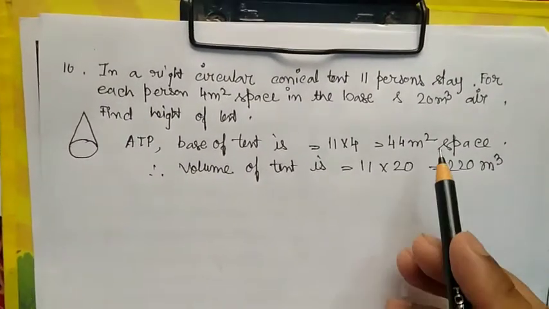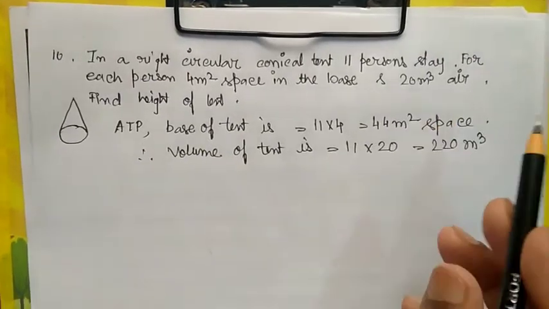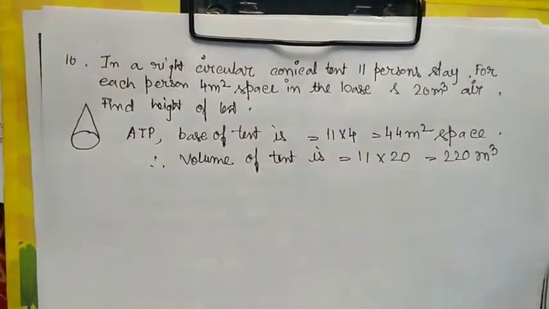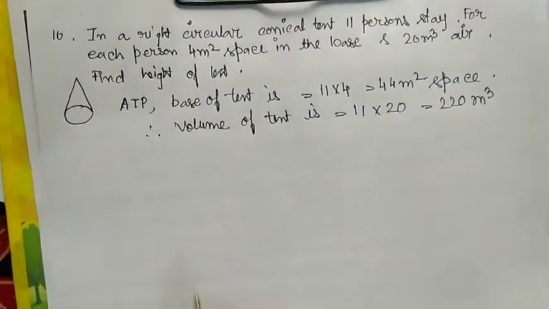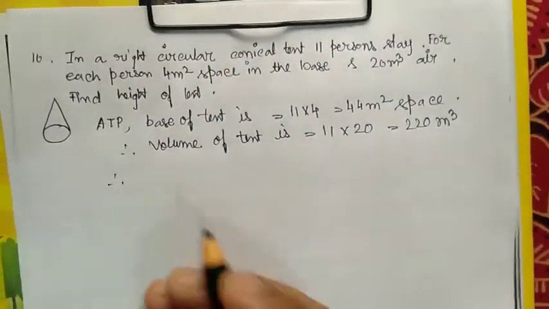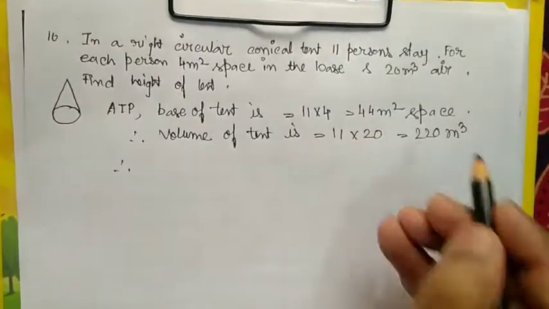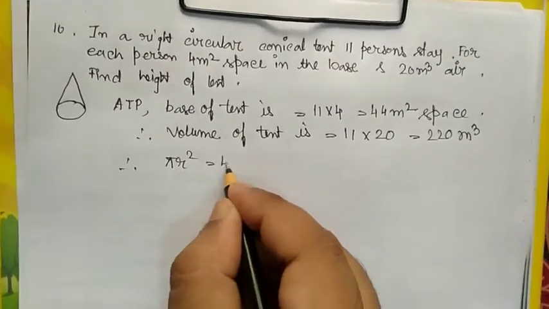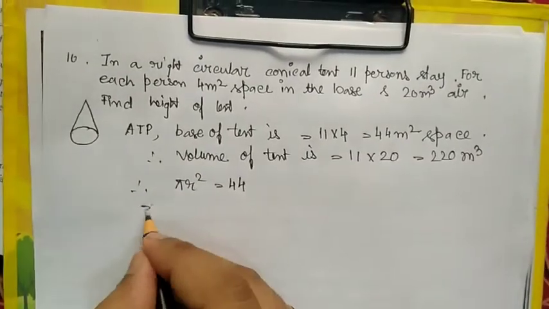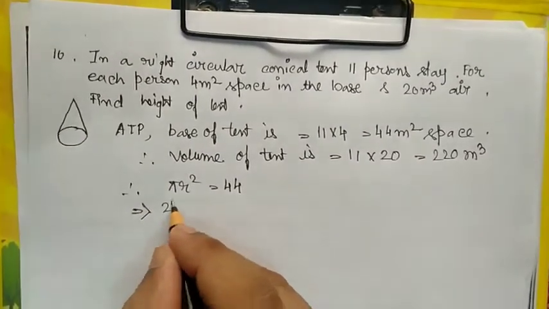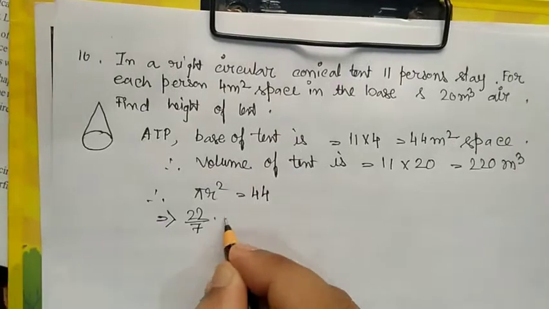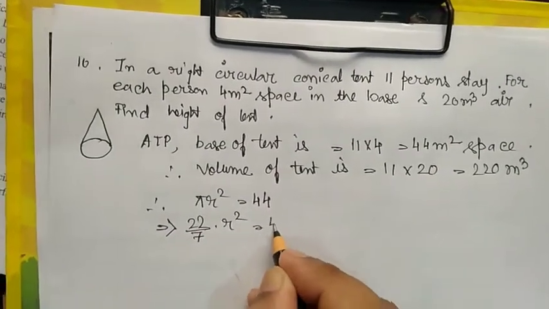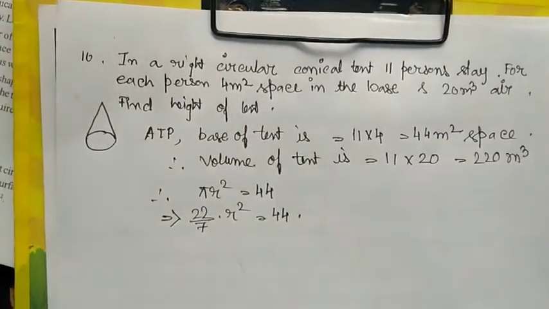One person occupies 20 meter cube air, so 11 persons occupy 11 into 20, 220 meter cube. We can say the base of the tent is 44 meter square, so pi r square equals 44. Putting the value of pi, 22 by 7 r square equals 44.